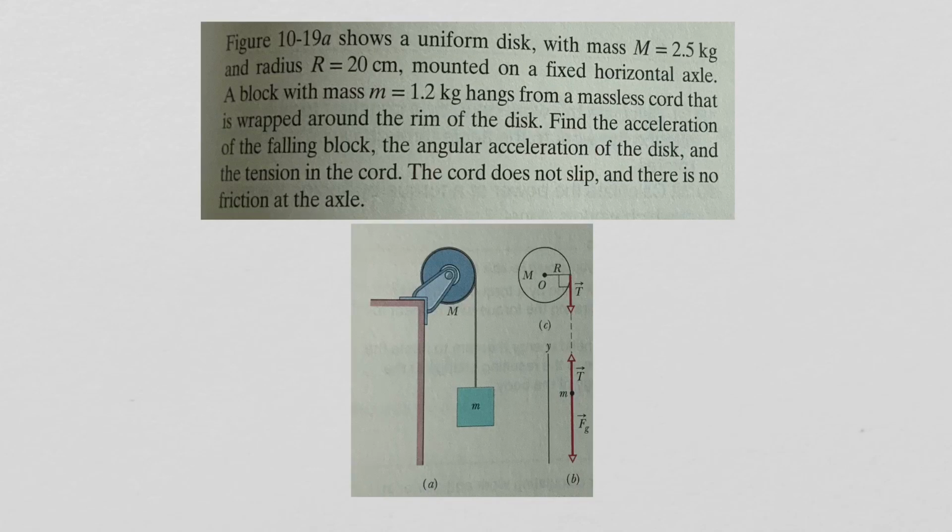So for those types of problems, we have Newton's second law applied for an object that is in some sort of motion, in this case the block, which is falling down. And then we apply the definition for torque for a rotating object in the problem. In this case, that's the disk here.